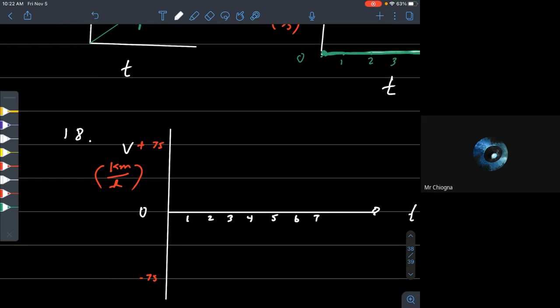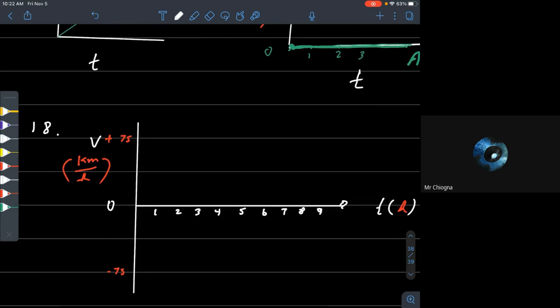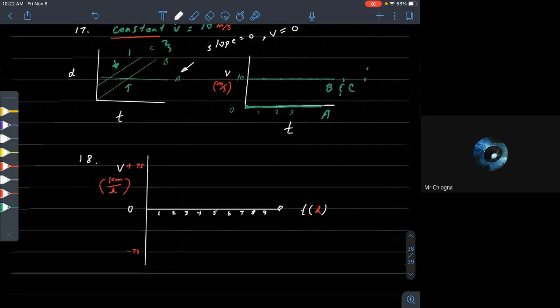You need a total of 9 hours. The first 4 hours, it's going at 75, and it's moving, we're told, at a constant 75. That's why we're using this velocity time graph. It's easy to depict constant speed: a horizontal line at positive 75.